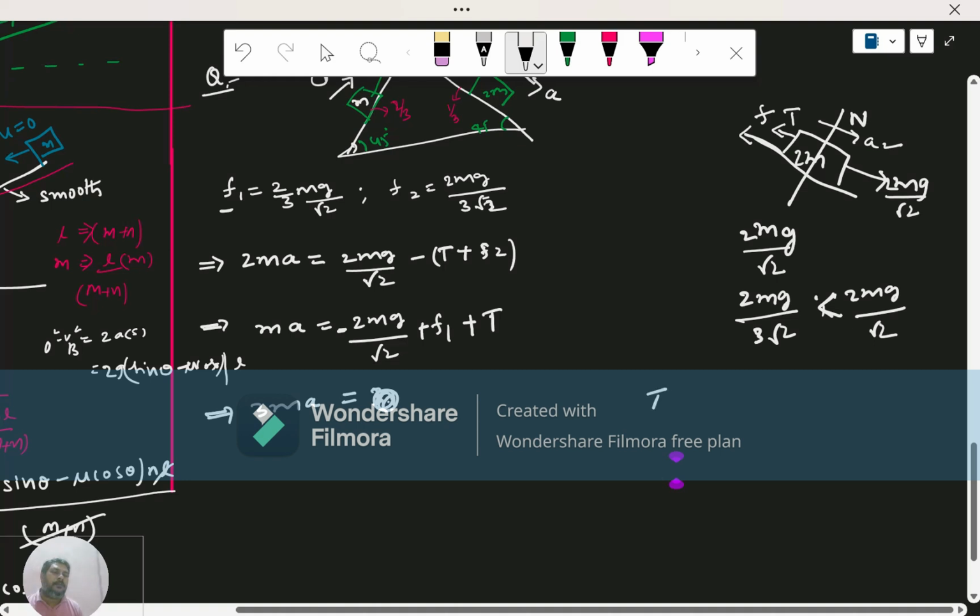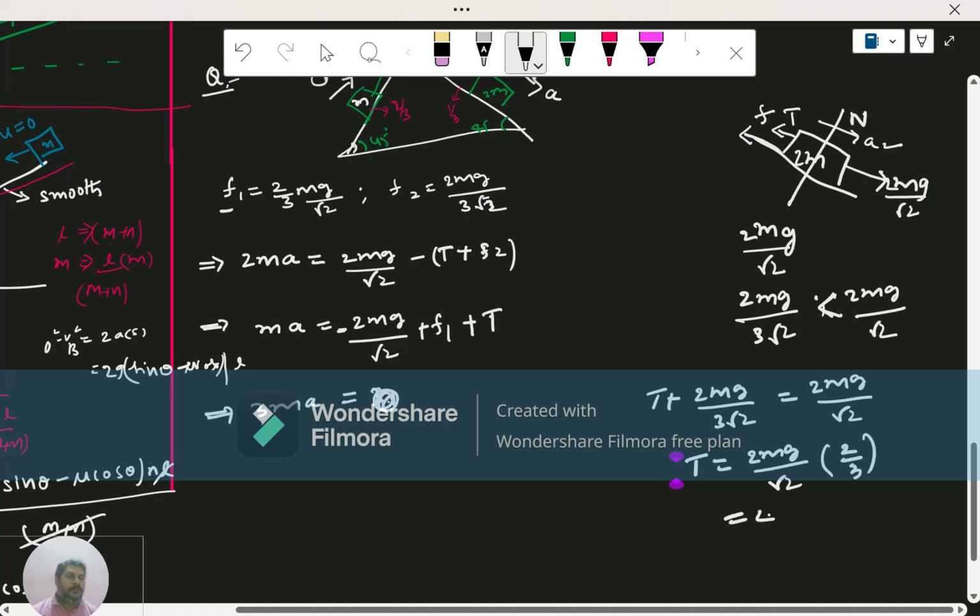Now T plus F, 2 mg by 3 root 2, is equal to 2 mg by root 2. When the block is not moving, acceleration is 0. Then T is equal to 2 mg by root 2 taking common, 1 minus 1 by 3, that equals 2 by 3. The tension is equal to 4 mg by 3 root 2.